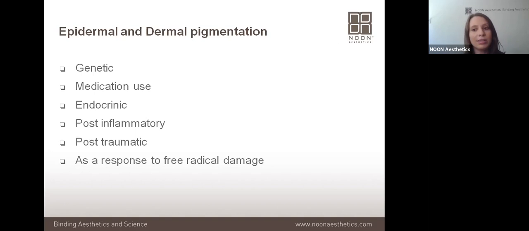Antibiotics or different medications can really cause pigmentation disorders, and I will also show an interesting example later on. We also, of course, have the endocrine reason, which means hormonal changes. The most common and familiar is pregnancy.